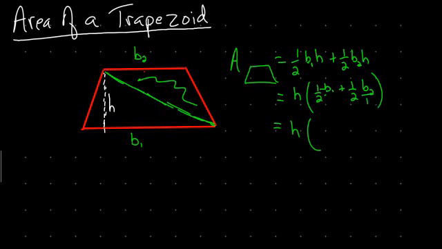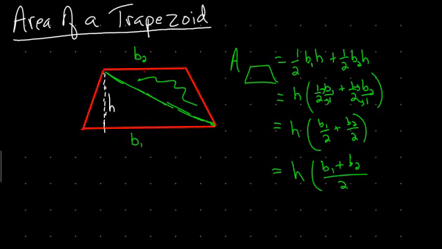And you just multiply straight across. 1 times b1 is b1 over 2, plus 1 times b2 is b2 over 2. And 2 times 1 is 2. So now we have common denominators of 2 and 2, so we can add. So it equals h times (b1 plus b2) over 2.